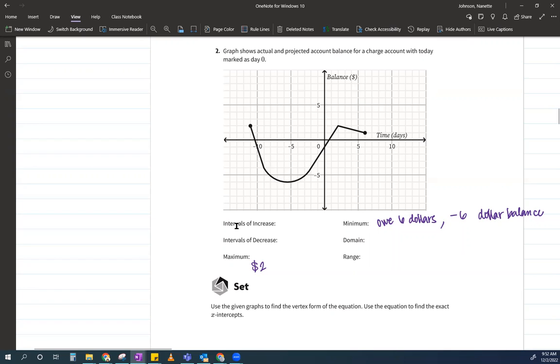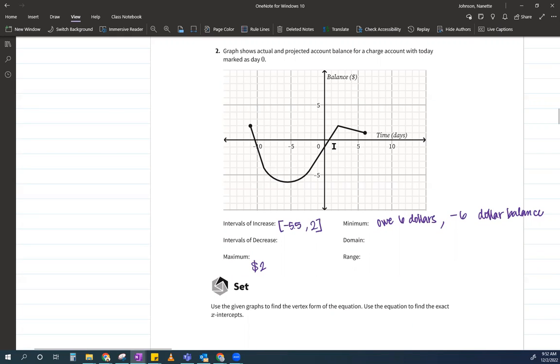The other thing you should know is whenever we're talking about intervals of increase and decrease, we're talking about the x values, right? So here, it kind of looks like it's in between. So I'm going to say that my interval of increase is from -5.5, somewhere in between -5 and -6. It doesn't have to be perfect. And then it goes up, up, up, up, up. And then when do we stop? It looks like we stop at 2.